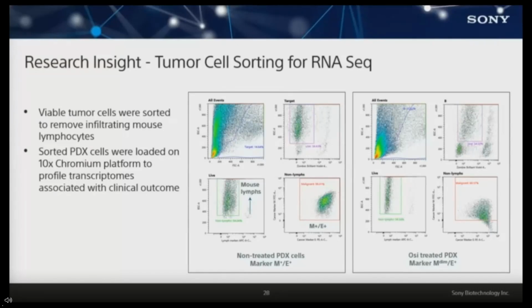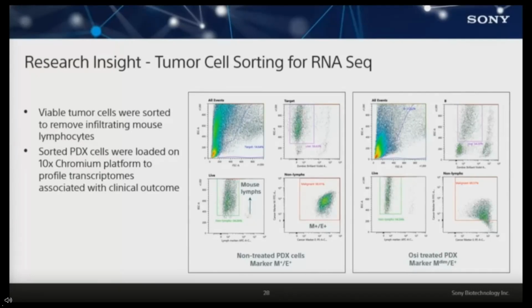The 10x platform, the Chromium platform, can be used to profile the transcriptomes associated with disease and help with clinical outcome, maybe help derive treatment calls and best practices. How could we best, for this particular tumor, these particular markers, get an outcome that gives us the best prognosis.